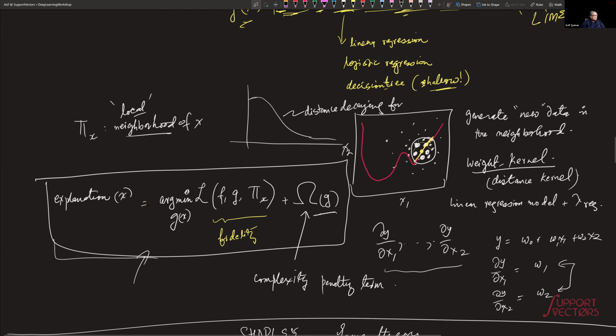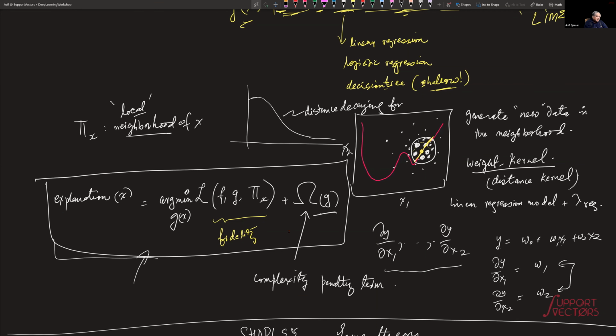So you deliberately choose a loss function like this. You find the model where the loss function has two terms. One is the complexity term. Do not make complex models because you lose explainability, or interpretability. And then also build a model that has a fairly high fidelity to the original complex model in the neighborhood part, right?